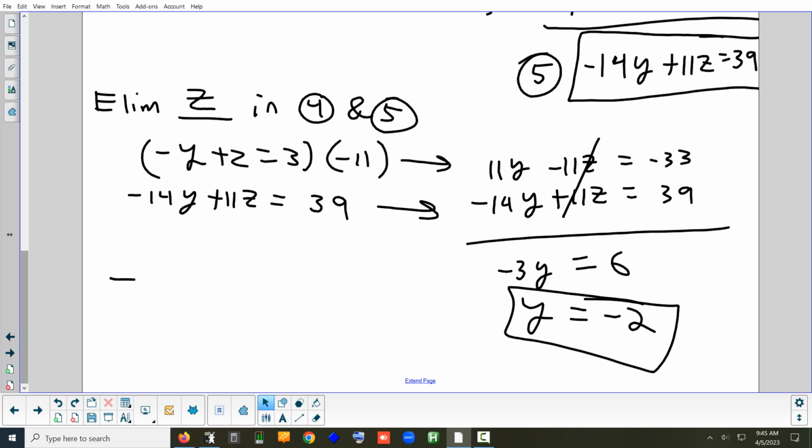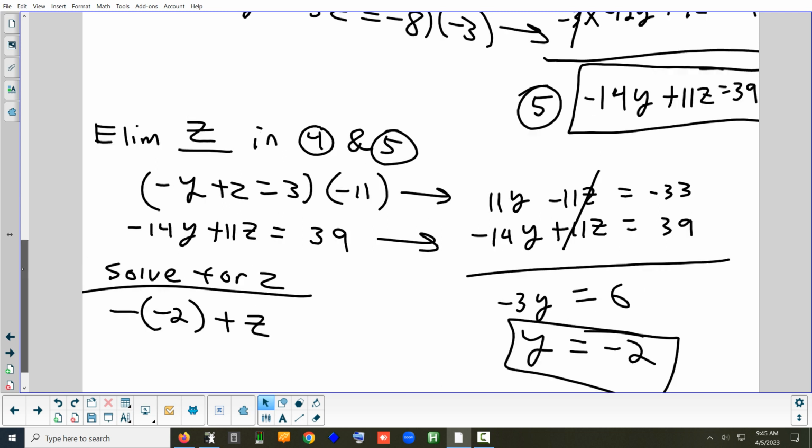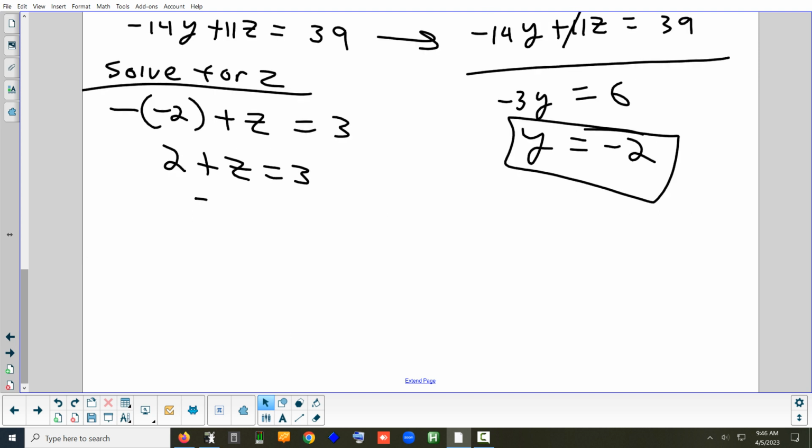So negative negative 2, which is 2, plus z equals 3. And that means z is what? 1.